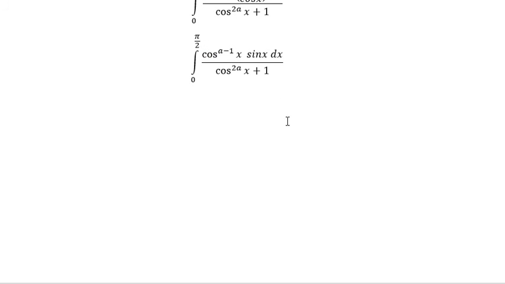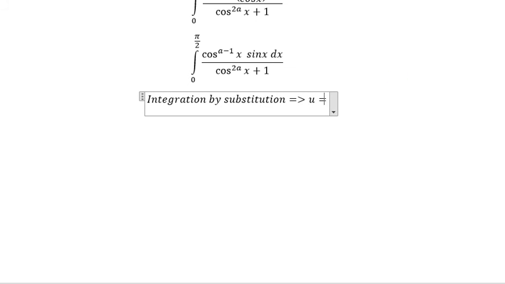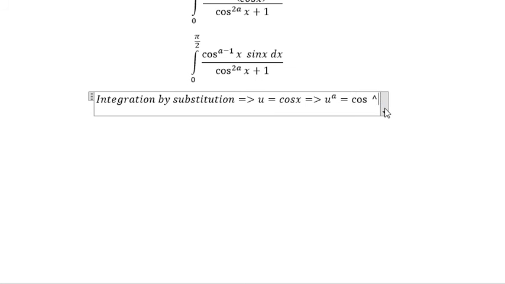Next, we need to use integration by substitution. So we let u equal cosec x, and u to the power of a equals cosec x to the power of a.